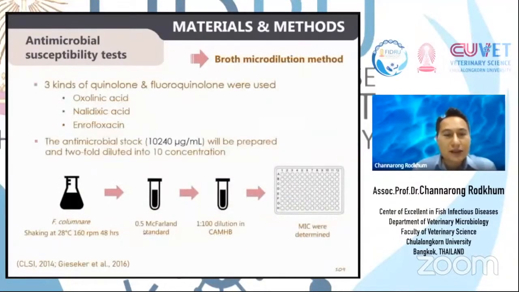After we found the pattern of antimicrobial susceptibility from the diffusion test, we also do the MIC, or minimal inhibitory concentration, and we focus on 3 kinds of quinolone and fluoroquinolone drugs, including oxolinic acid, nalidixic acid, and enrofloxacin.